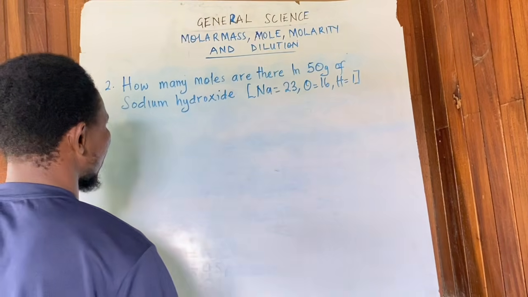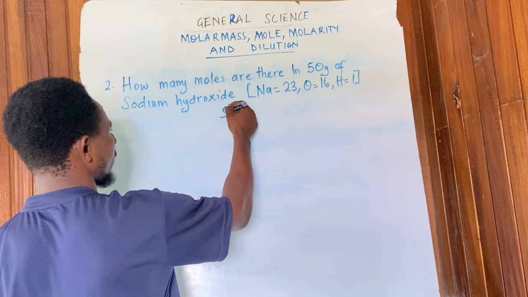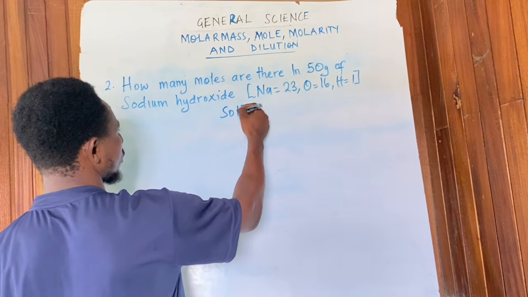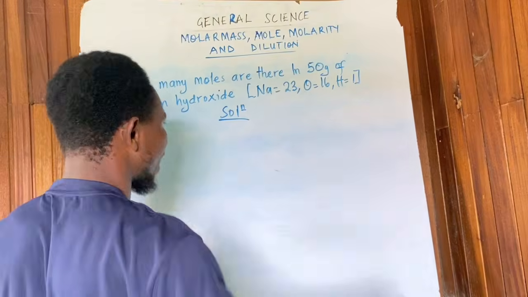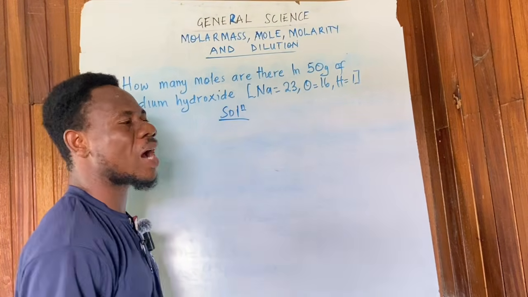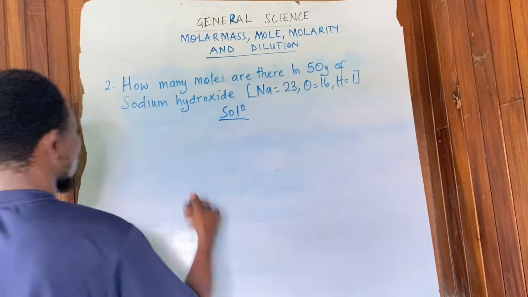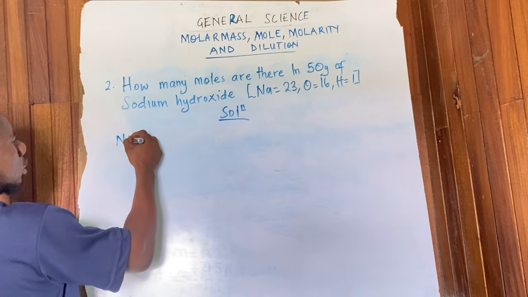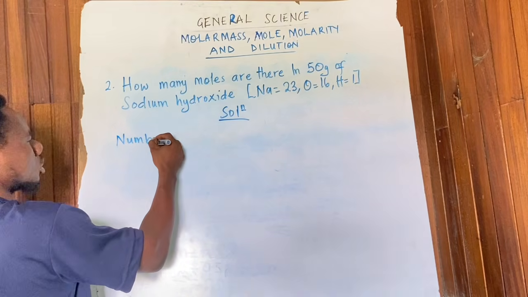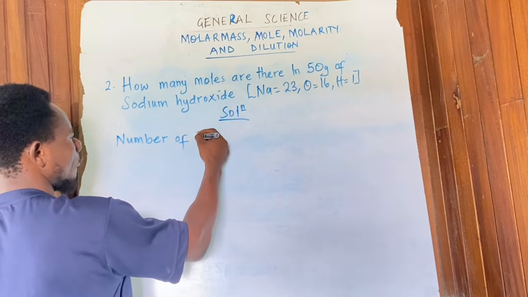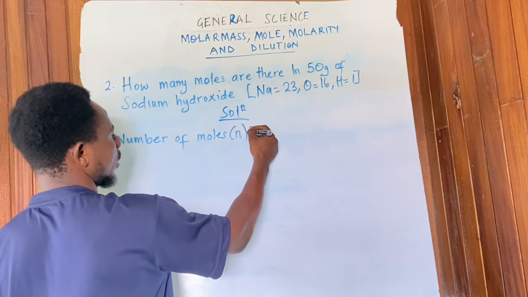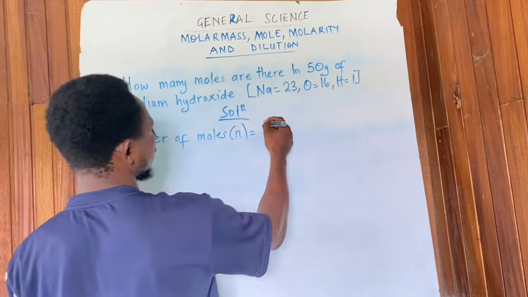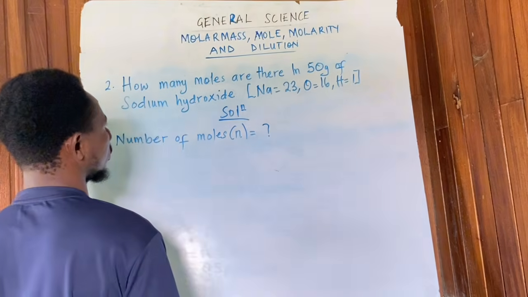This means we are finding the number of moles. So they are asking you how many moles are there. So you are asked to find the number of moles, or amount of substance, n, which we don't know.